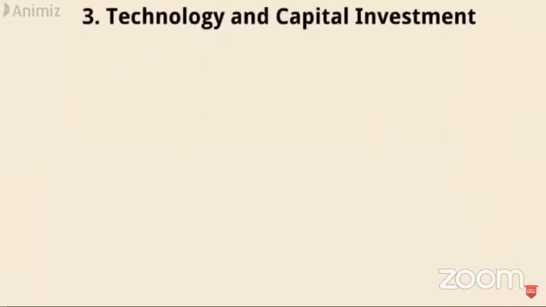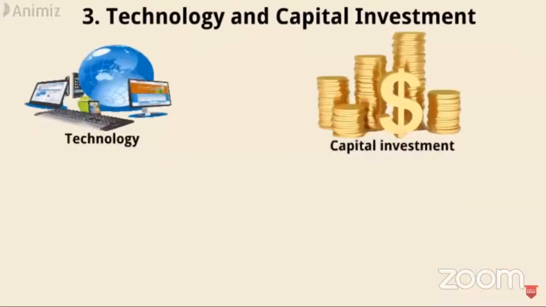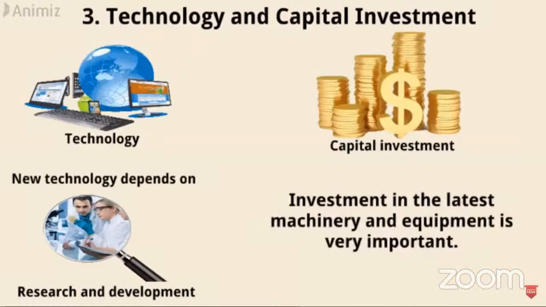Let's move on to number 3, technology and capital investment. One of the major factors in continuing the productivity improvement is the technology and capital investment. New technology depends on the research and development department. To apply new technology, investment in the latest machinery and equipment is very important.